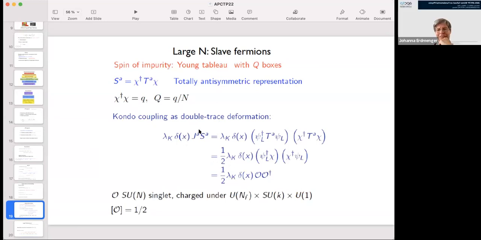I'm just rewriting this operator, the interaction term. Yeah, but I'm talking about the J square term in the Hamiltonian. Yeah, but this only applies to the term where there's this S. I don't do anything to the kinetic term. Yeah, but the Hamiltonian has J square. Yeah. I see what you mean.